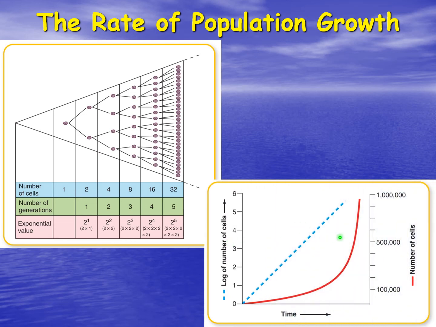What we'll see here in this graph is the log number or the actual numbers here in the red. And you'll notice that it's kind of slowly increasing, and then all of a sudden, whoop, up we go. If we actually plot that as a log of the number of cells, then it winds up being a nice straight line.